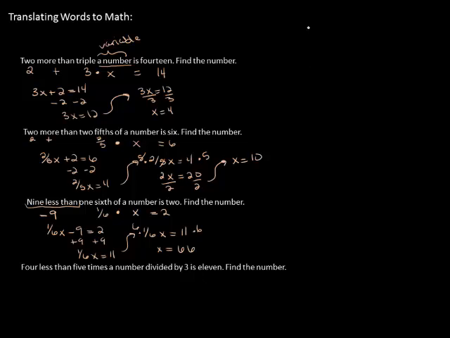We could do 5 times a number minus 4 divided by 3 equals 11. That's 4 less than 5 times the number divided by 3. Or you could think of it as 5 times the number divided by 3 minus 4 equals 11. And now that makes a very big difference which one to use, because these are not going to result in the same answer.